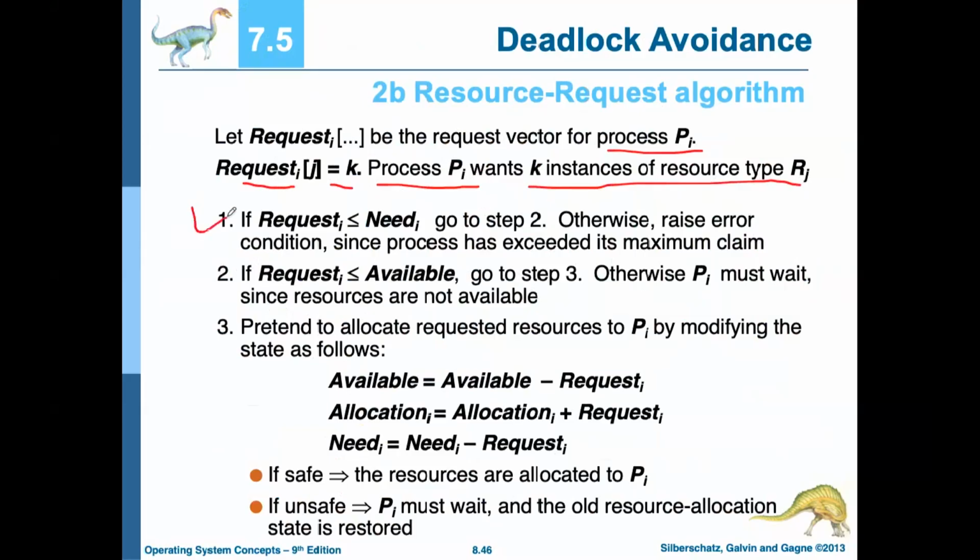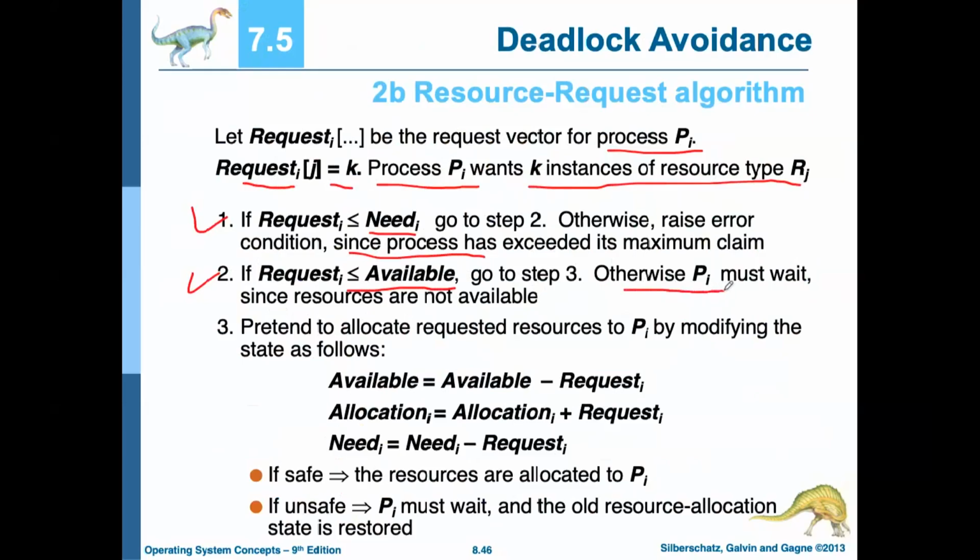Step 1: if the request is less than or equal to Need, go to step 2. Otherwise, raise an error condition, since the process has exceeded its maximum claim. Next, if the request is less than or equal to Available, go to step 3.